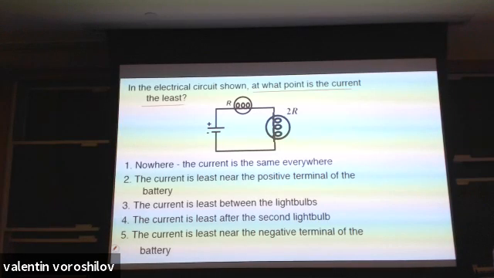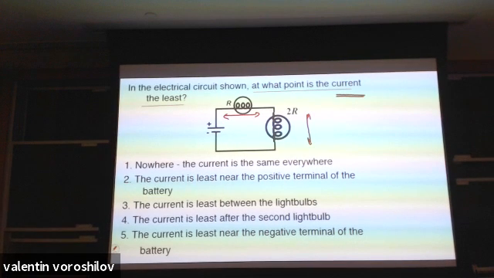Now another question. Just quickly analyze what's going to happen. Electric circuit, okay. Bulb number 1 has a resistance of R. Bulb number 2 has twice more resistance. Well, the question is about current. So we have to make a conclusion about the connection.